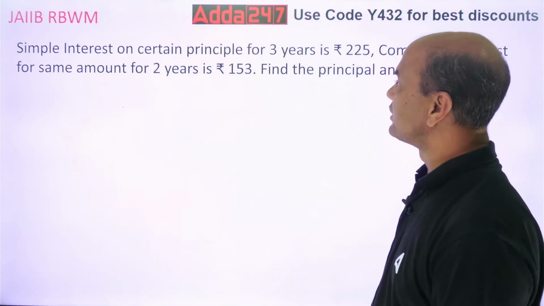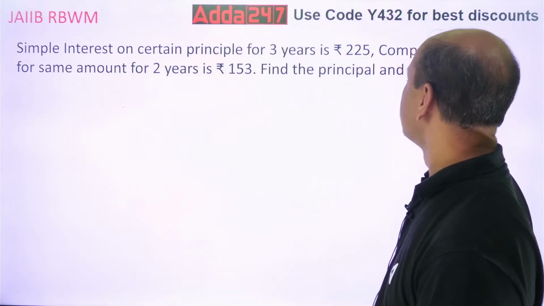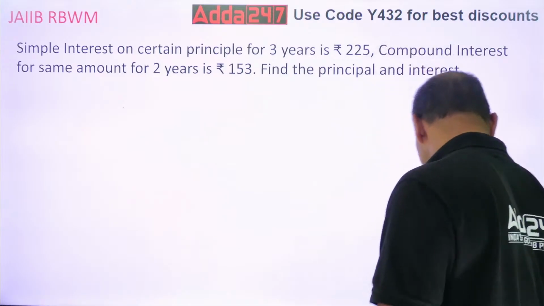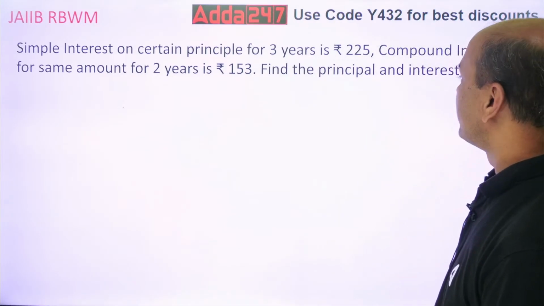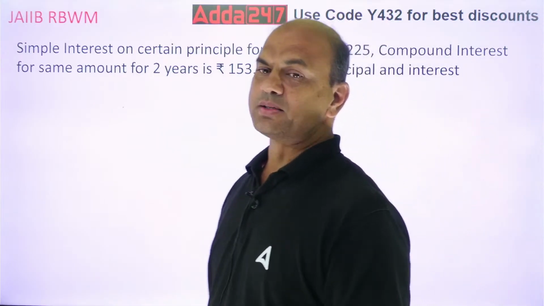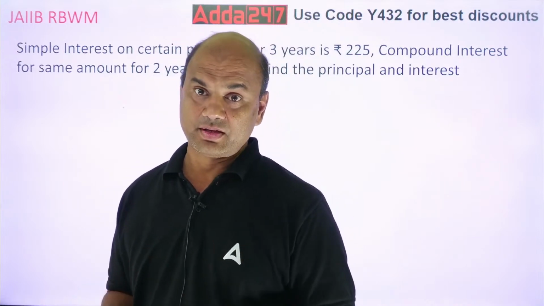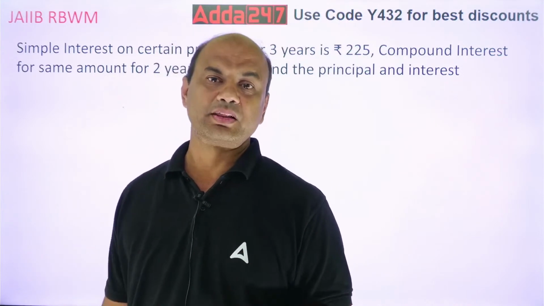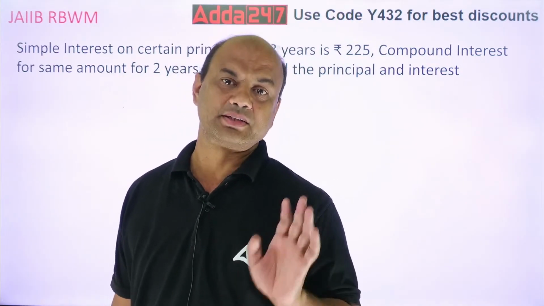Simple interest on a certain principal for 3 years is 225. Compound interest on the same amount for 2 years is 153. Find the principal and the interest. Now, the simple interest concept, we feel that we know simple interest very well. But actually, we don't know simple interest to that extent.